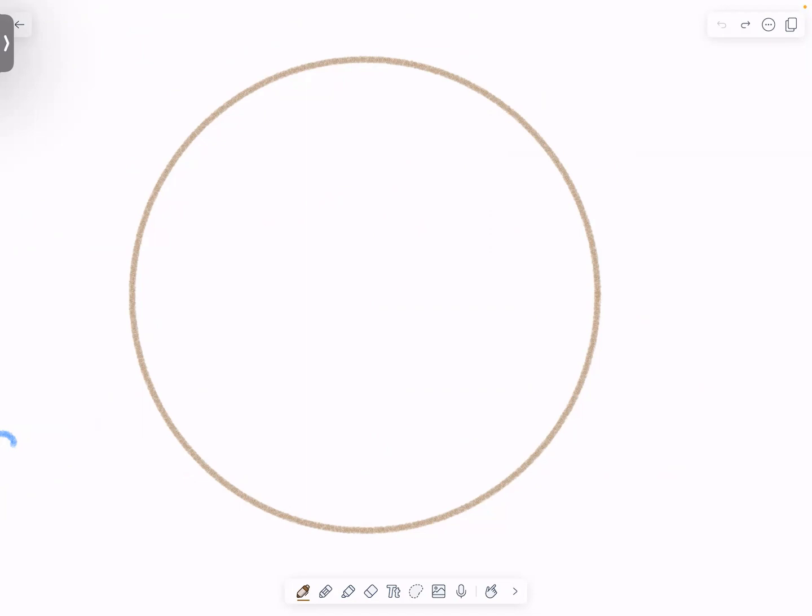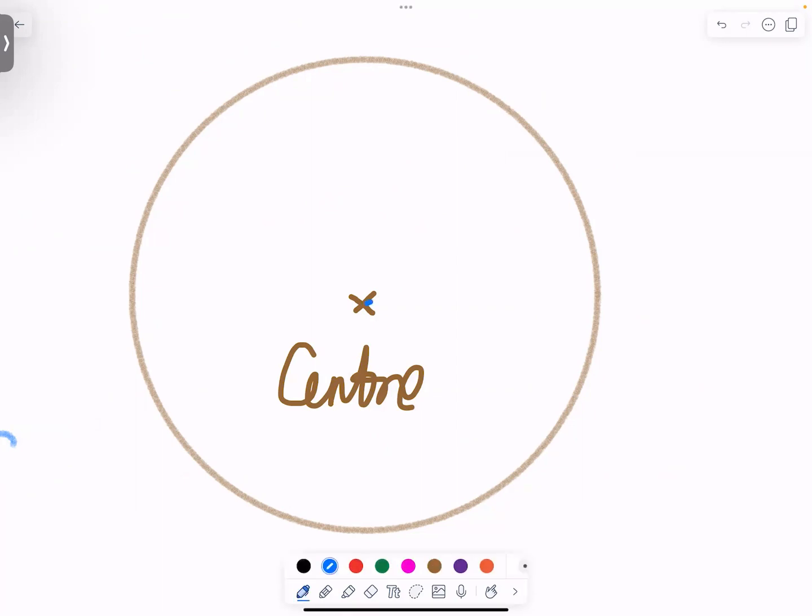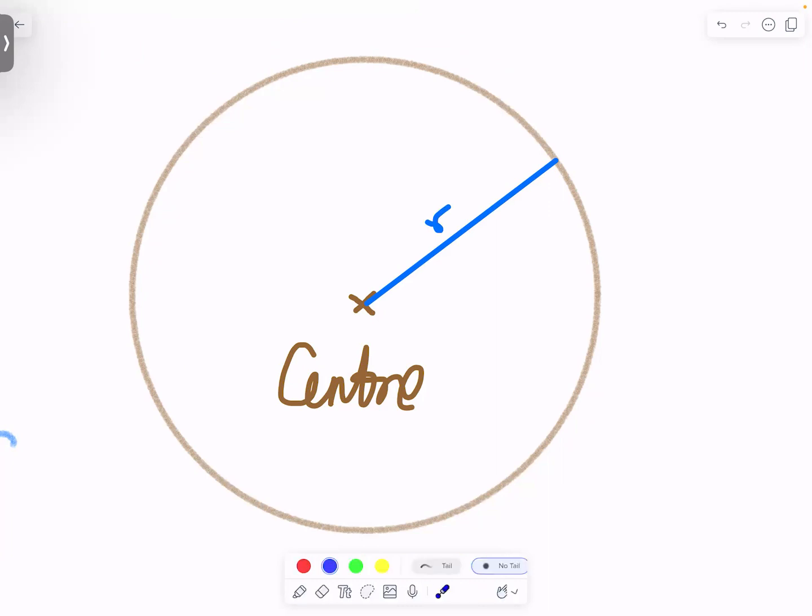In a circle, there's a point in the middle. We call that the center. I'm using a finger to write it, basically. Apart from that, we have a line connecting from the center to the outer line, called the radius. And then what is that outer line called?